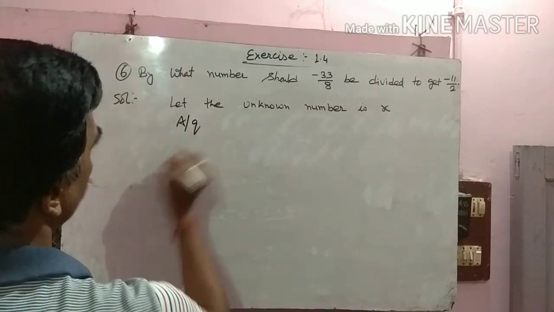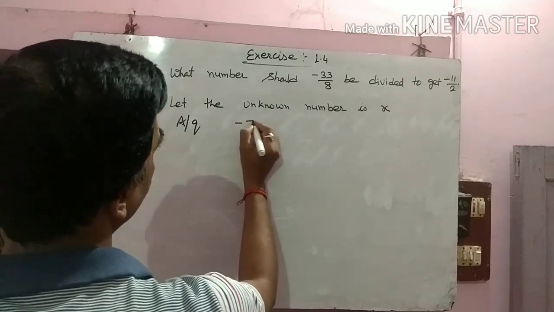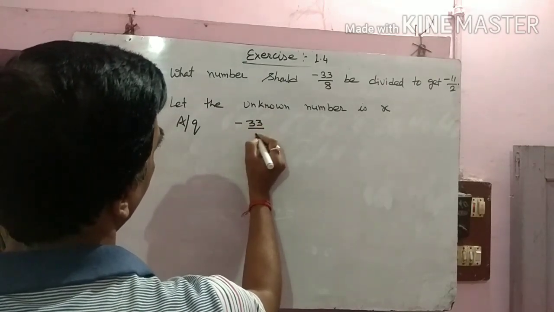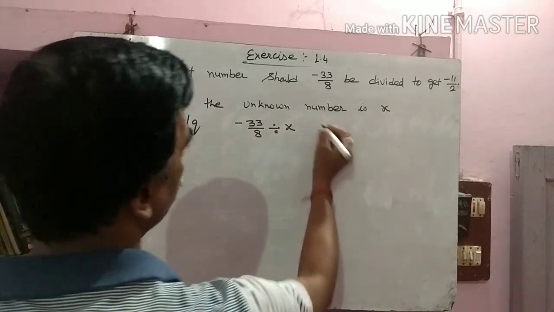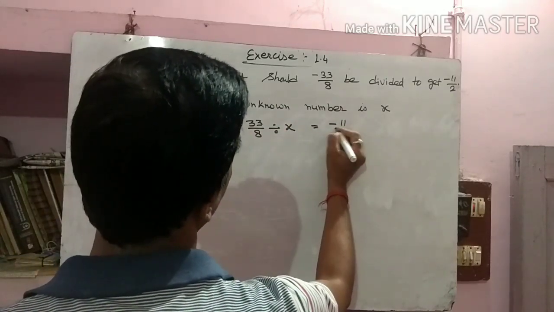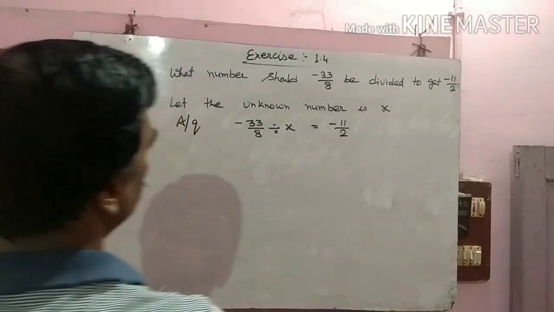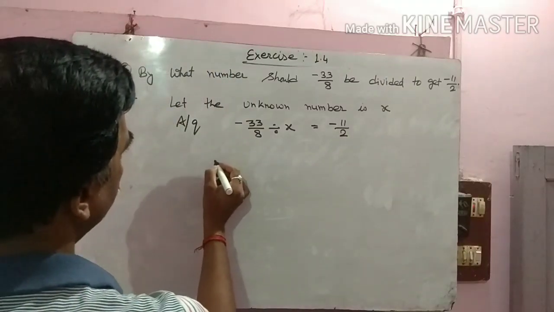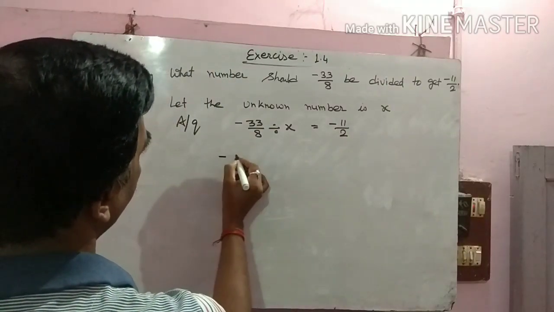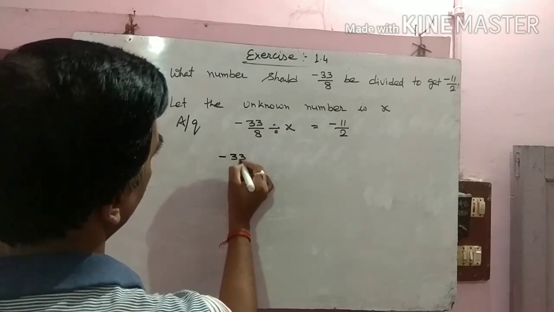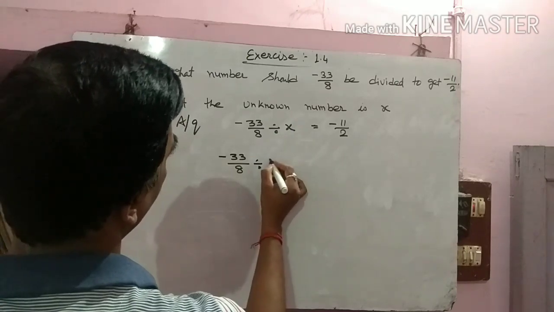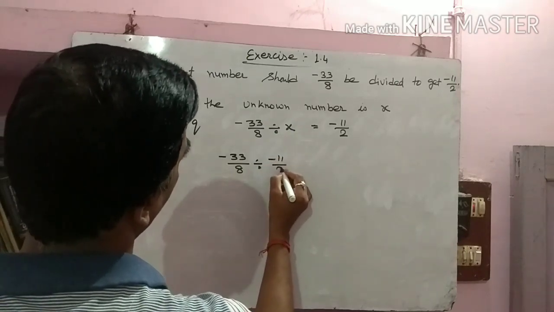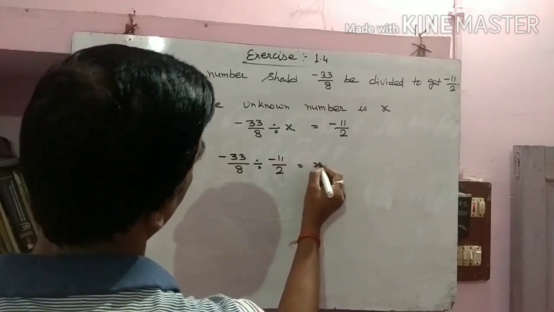According to the question, minus 33 by 8 divided by that unknown number, the result will be minus 11 by 2. So in that case we have to write minus 33 by 8 divided by minus 11 by 2 is equal to x.